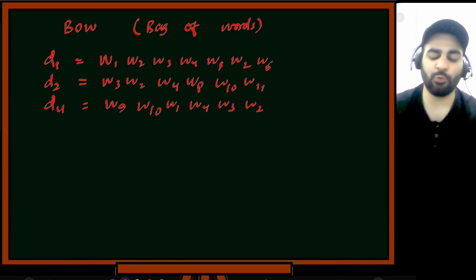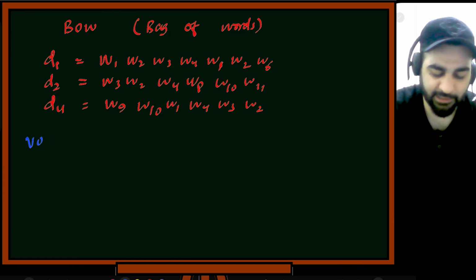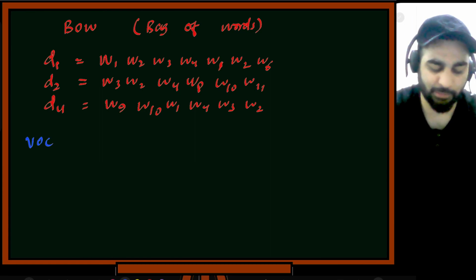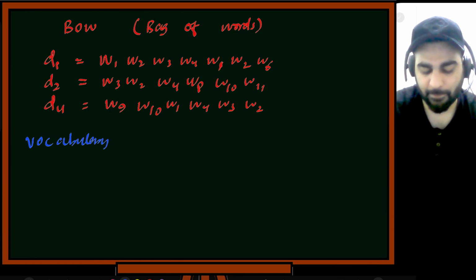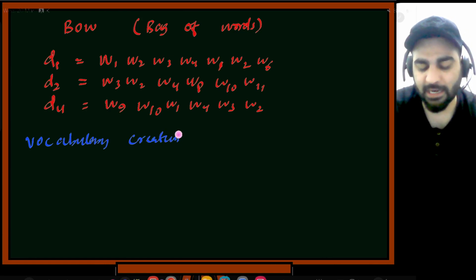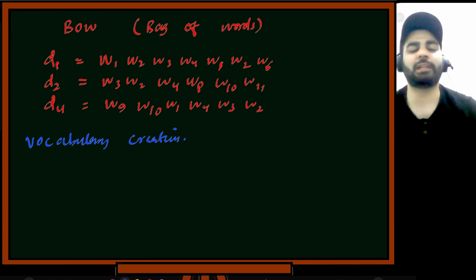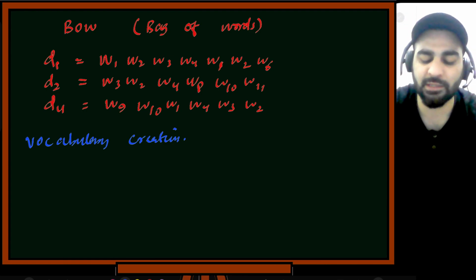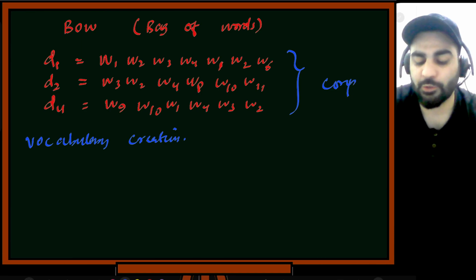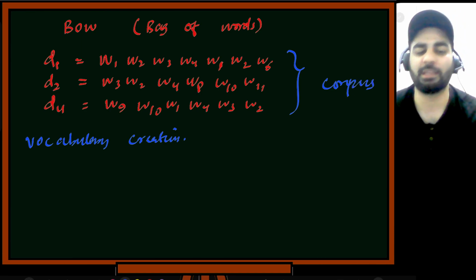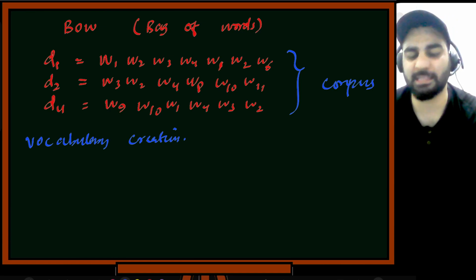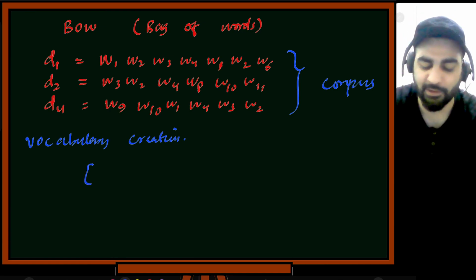The first thing that you do is you construct a vocabulary. You create a vocabulary, so we'll call it vocabulary creation. What is that? You take all the unique words that are present in the whole corpus and see how many unique words are present there. Each word is assigned some index. So now you'll have a list of words.